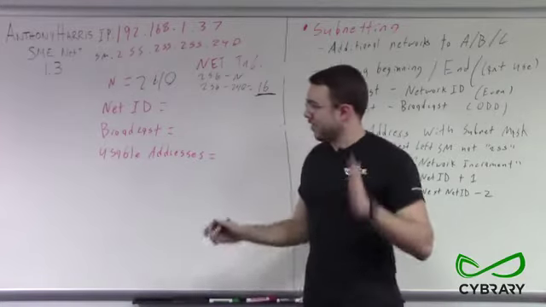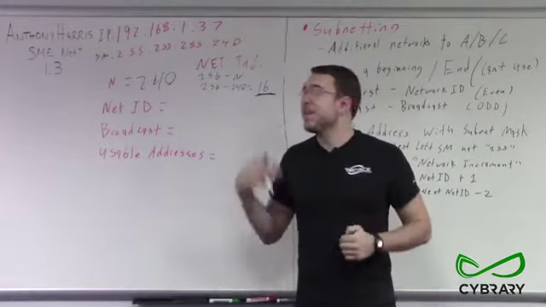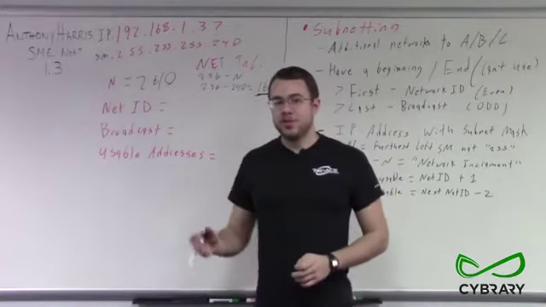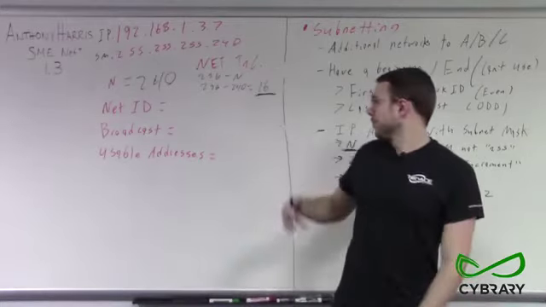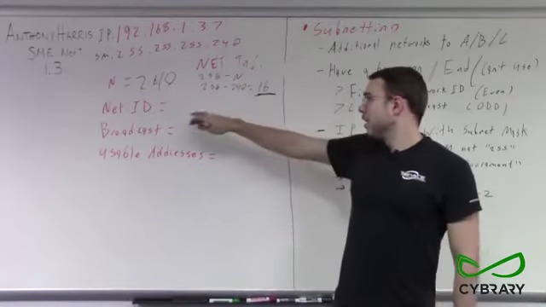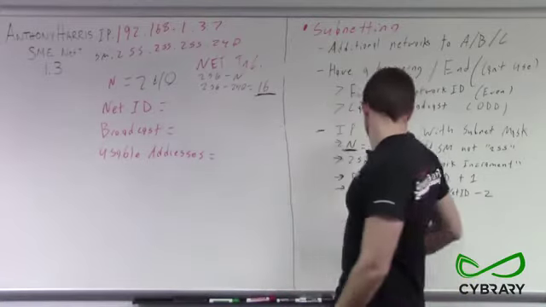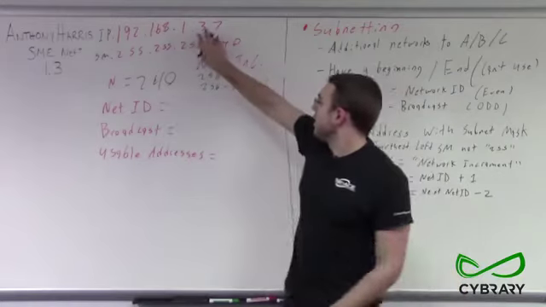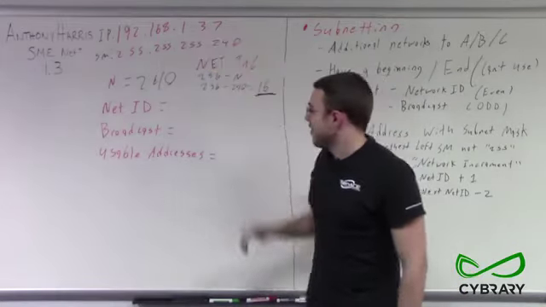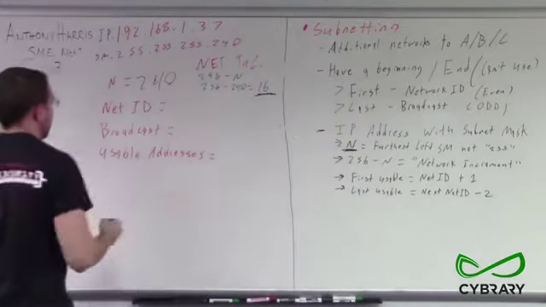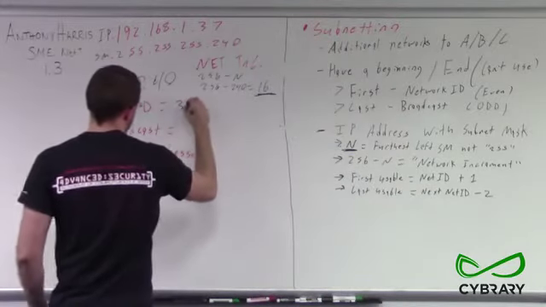So first network 16, next network ID 32, next network ID will be 48. So this fits in between 32 and 48. So that means that the net ID that it's in is going to be 32.